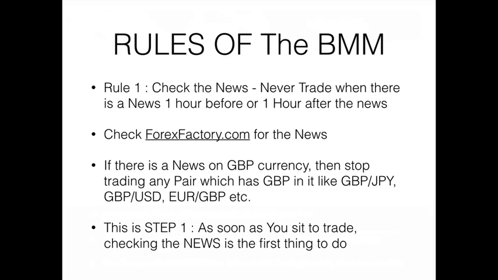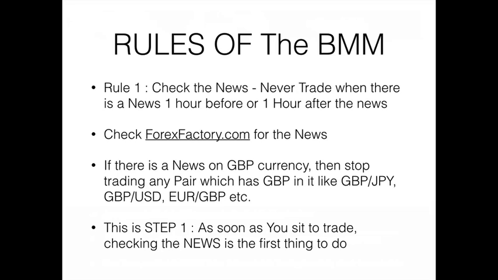The number one rule of the binary millennium method is check the news. Never trade when there is news, 1 hour before and 1 hour after the news. What I mean by that is just go to forexfactory.com for the news and check if there is news regarding any currency.